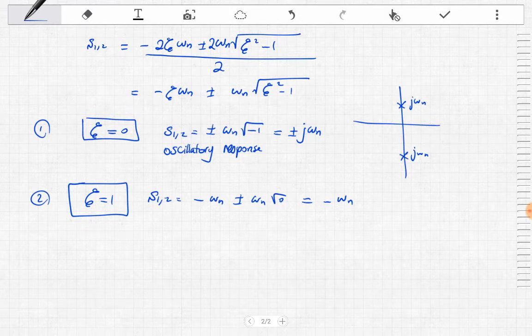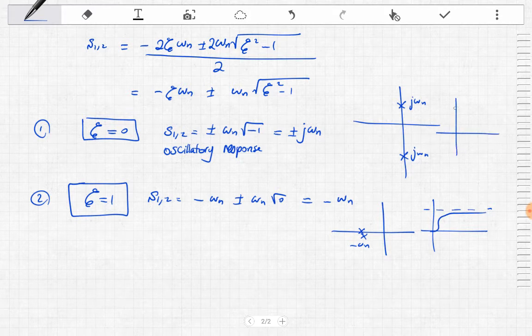So it will be minus omega n, minus omega n: two equal roots, and the value is minus omega n. And the response will be critically damped.